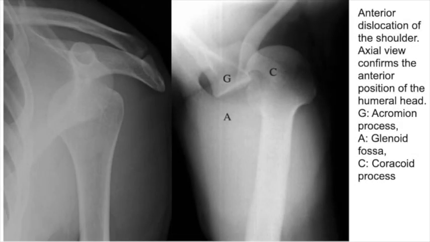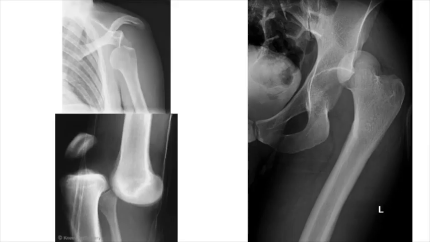So let's go for the example of dislocation. You can see this dislocated shoulder. It is very common, like I said before, and it's very painful. In the dislocation we are going to have this soft tissue swelling and severe pain.